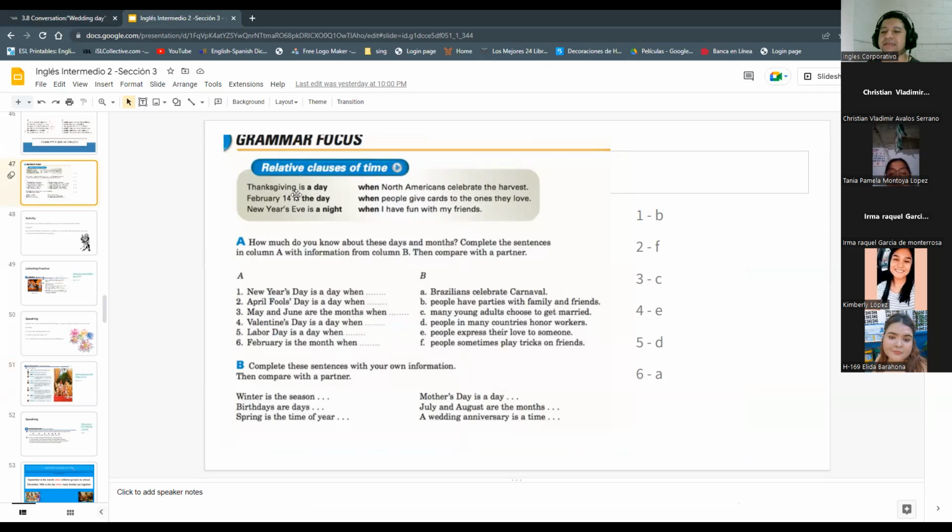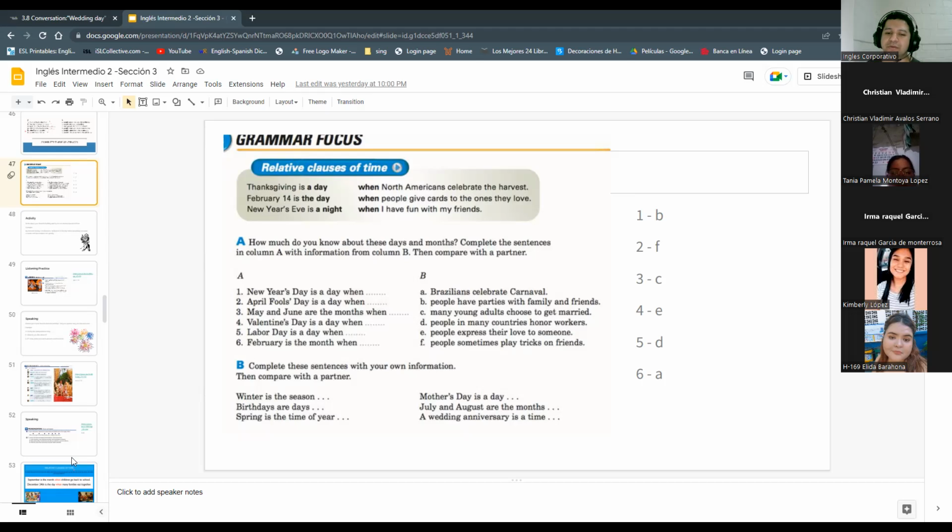Thanksgiving is a day when North Americans celebrate the harvest. February 14th is the day when people give cards to the ones they love. New Year's Eve is a night when I have fun with my friends. Today we are going to practice this, okay?